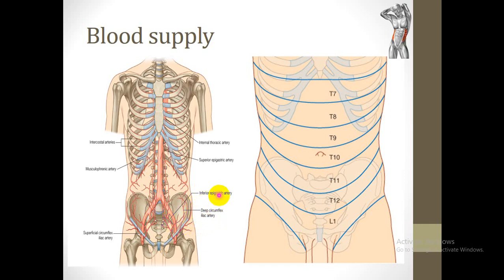The inferior epigastric artery and superior epigastric artery will pass through the rectus sheath at the middle and unite together to form an anastomosis.